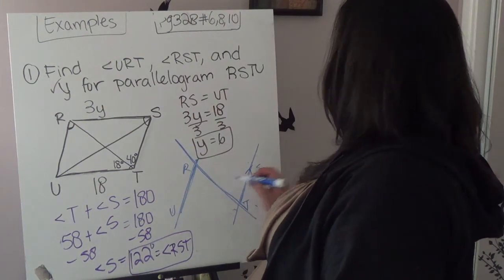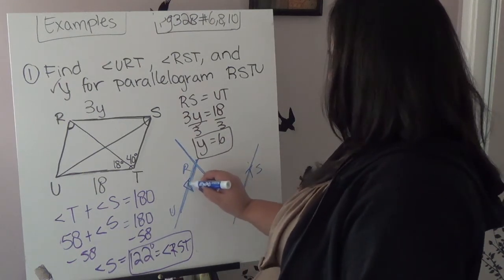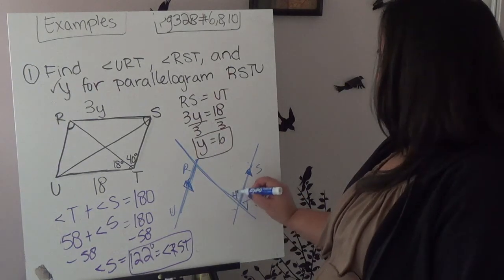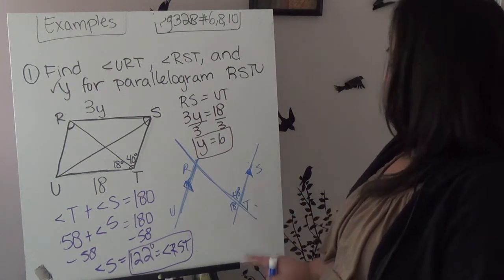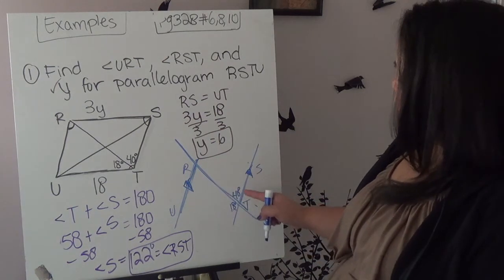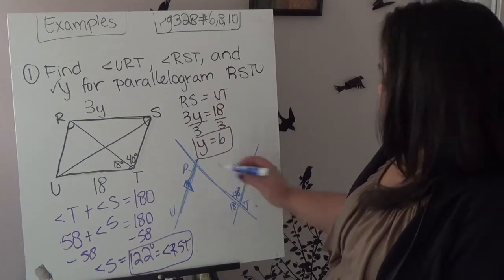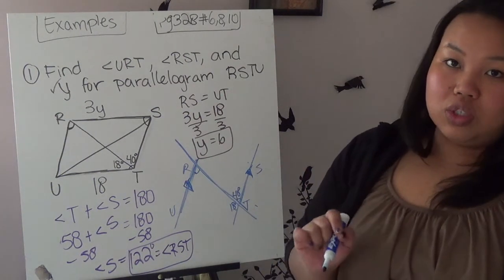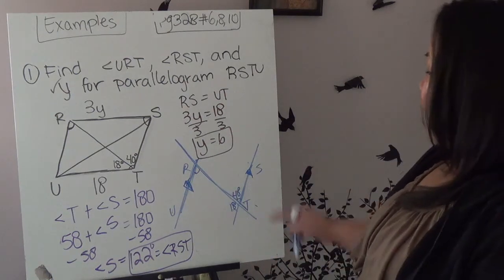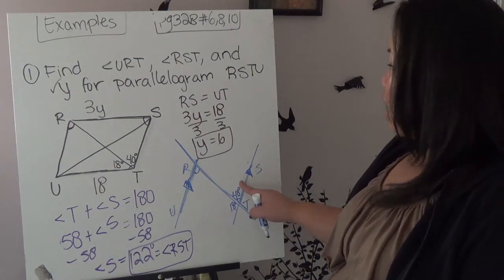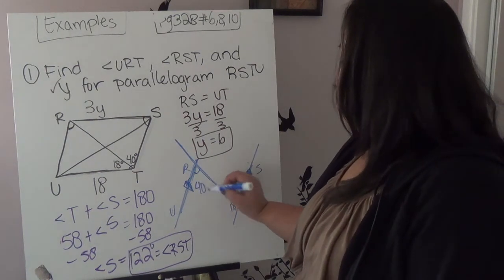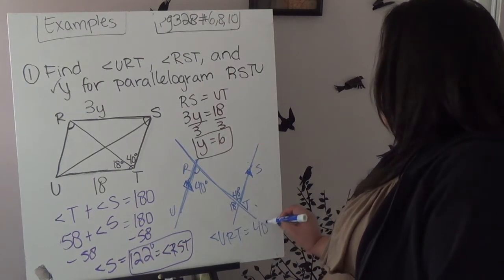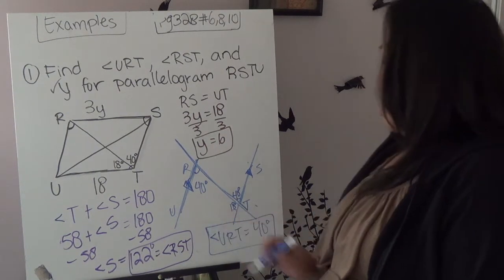And I know that this is parallel to this. And I know that this is 40 degrees, and I know that this is 18 degrees. Well, if this is parallel, and this is a transversal, I know that this angle and this angle are equal because they're what? Alternate interior angles. Do you remember that? Alternate interior angles are in fact equal. So if this is 40 degrees, then angle URT is also 40 degrees. So angle URT is equal to 40 degrees because of alternate interior angles.